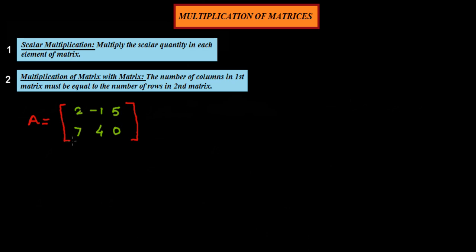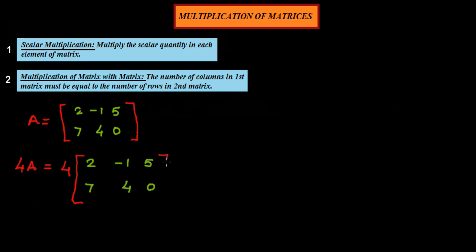We have to multiply this matrix by 4. It is scalar multiplication; 4 is the scalar quantity. So we put 4 here, and again we write the same matrix: 2, -1, 5, 7, 4, 0.